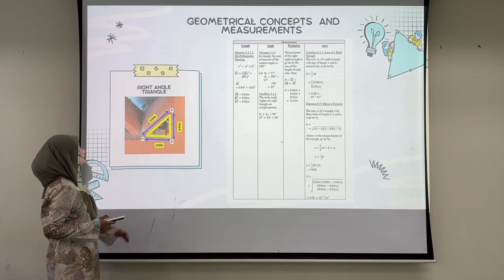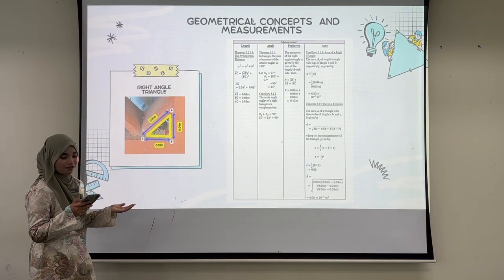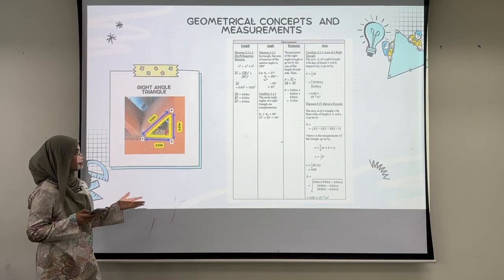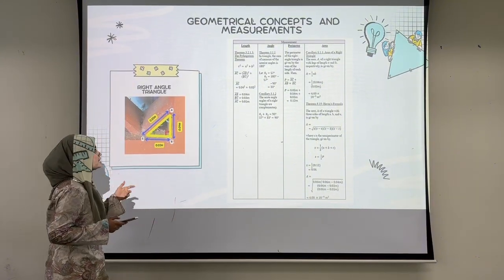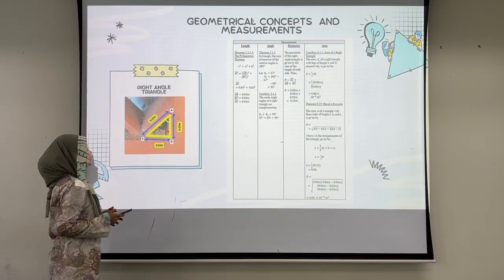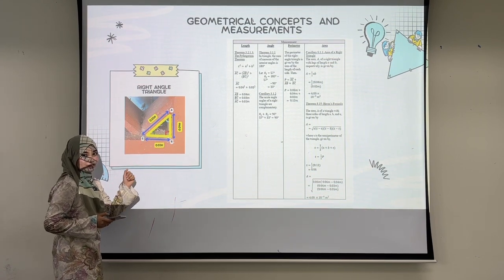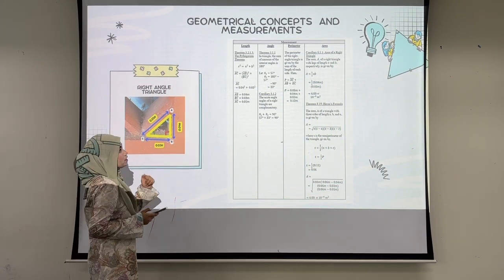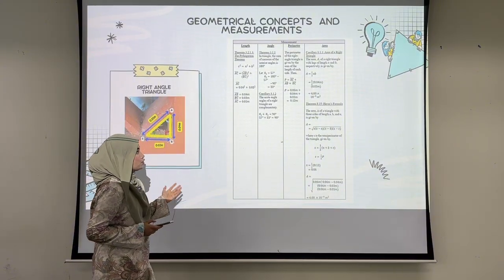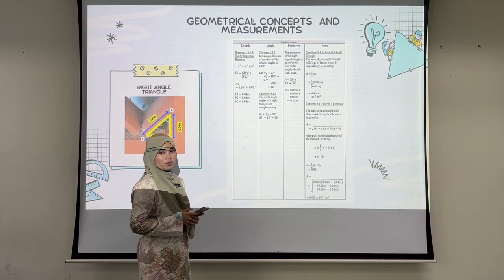The next shape is a right angle triangle. To verify that it is a right angle triangle, we apply the Pythagoras theorem. Since it justifies the theorem, we can say that the triangle is a right angle triangle where one of the angles is equal to 90 degrees, and the perimeter for the right angle triangle is equal to 0.12 meters.